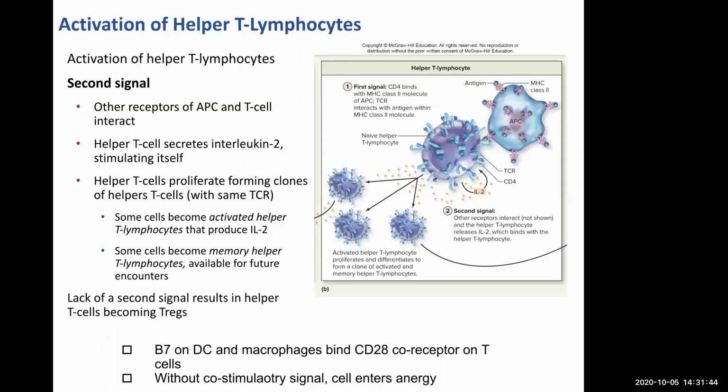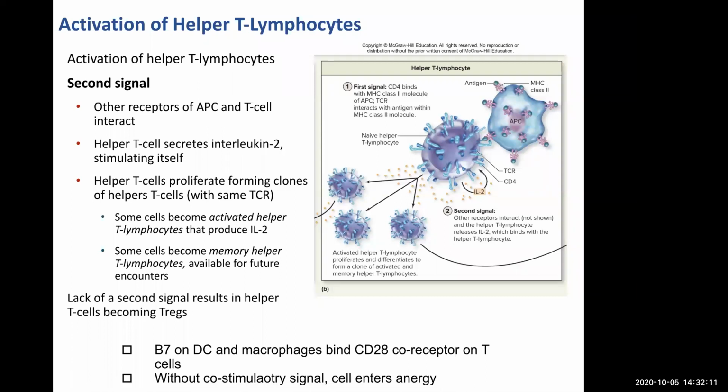Fully activate the T helper cell such that it will differentiate into one population of cells that are going to be the effector cells, the cells that are actively involved in fighting that infection. And then another population of cells that are going to become memory cells that retain that specific T cell receptor.